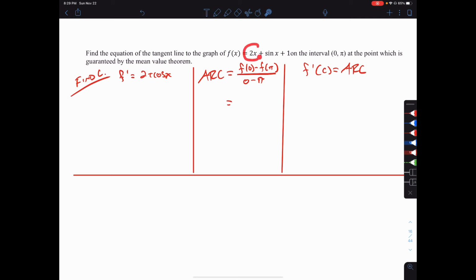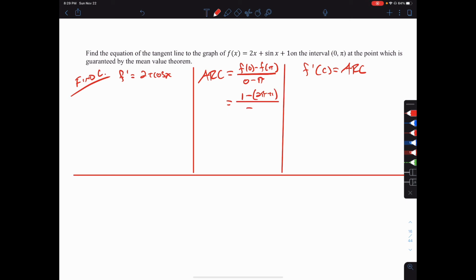F of 0, 2 times 0 is 0. Sine of 0 is 0. So I got 0 plus 1 minus. If I put pi into this, I'm going to have 2 times pi. Sine of pi is 0. Then I have this 1. So it's going to be 1 minus 2 pi plus 1.